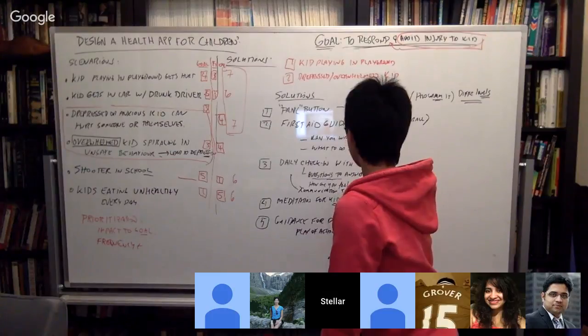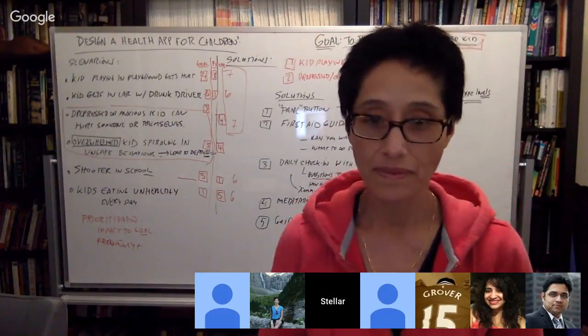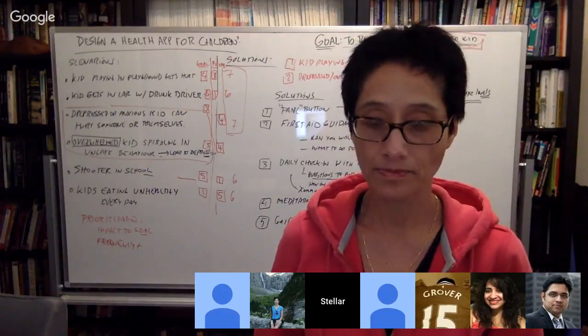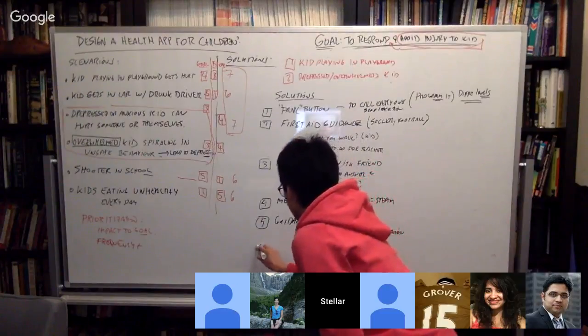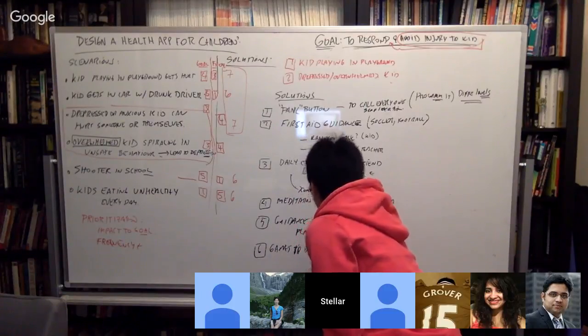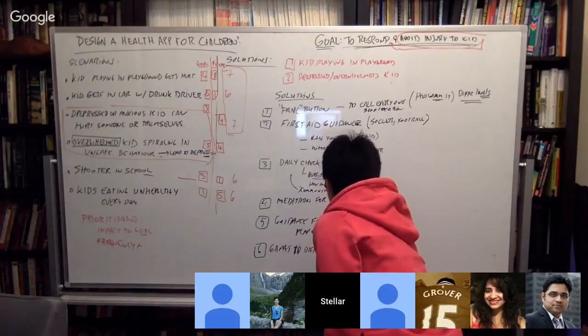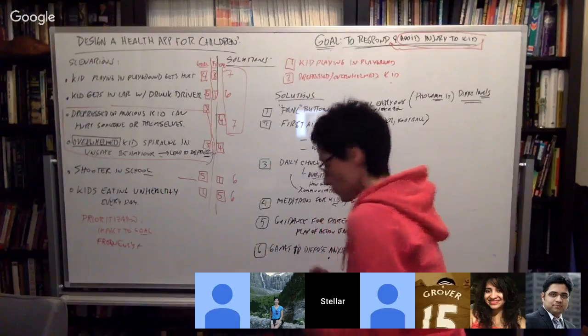What if we also have something around a game to deal with some of these anxiety issues? Great idea. Games for anxiety. Games to diffuse, or even images and things that can help you calm down.